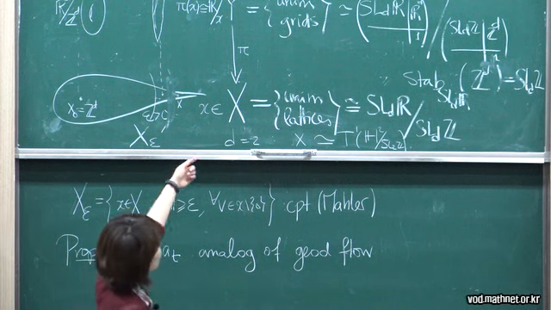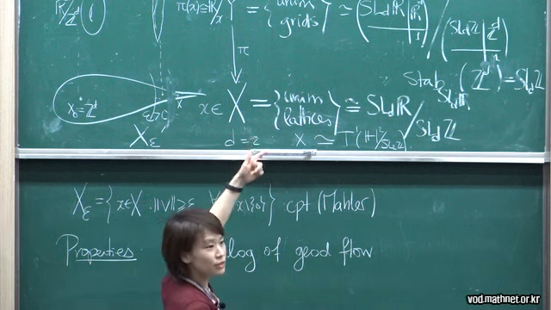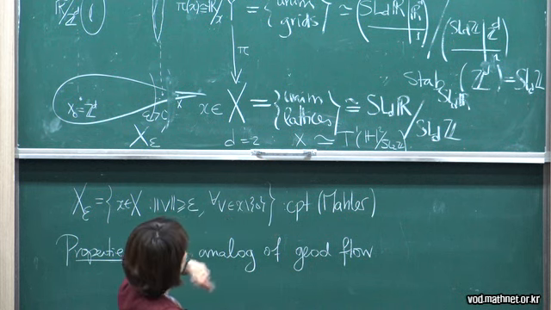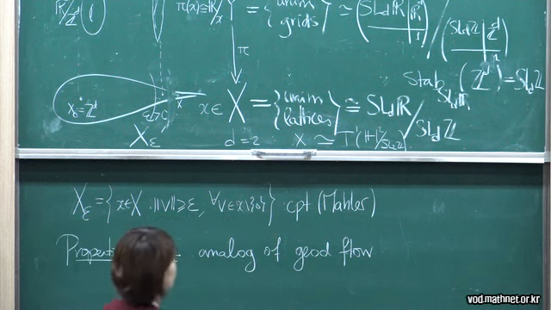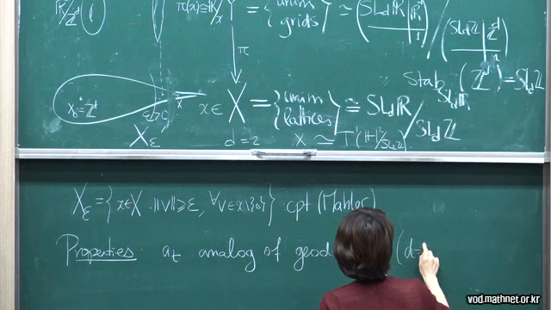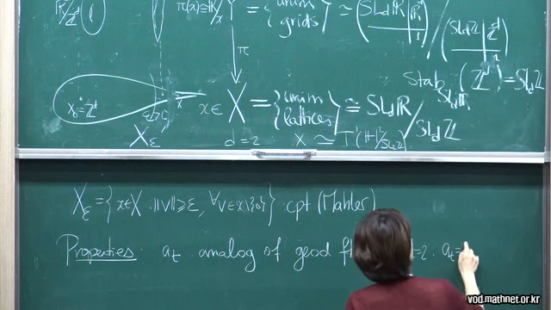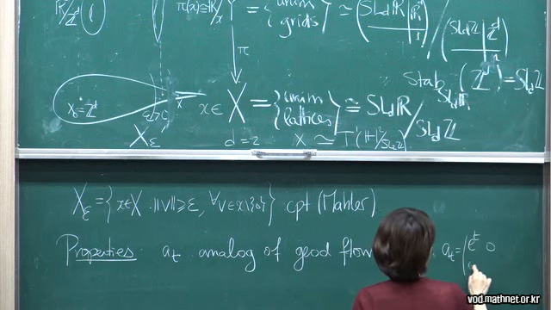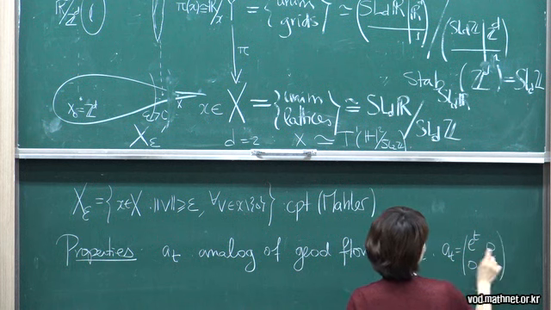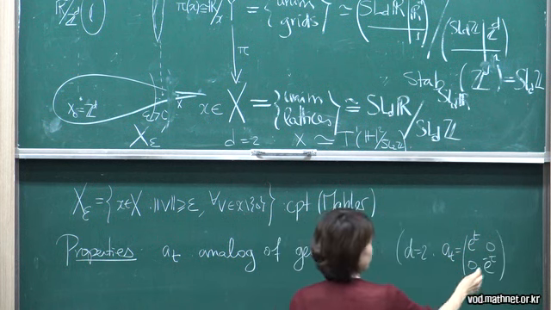For example, when d equals 2, you take e^t and e^{-t}, because you have just two factors and they multiply to 1. So for d equals 2, A_t is exactly the geodesic flow on the modular surface.